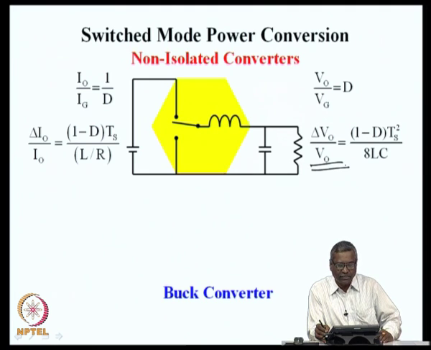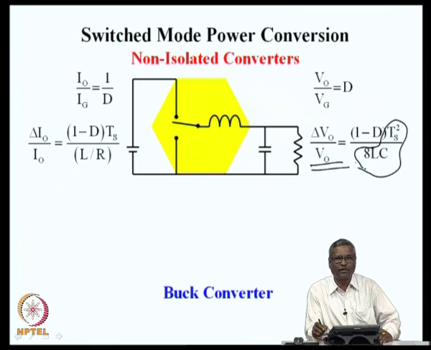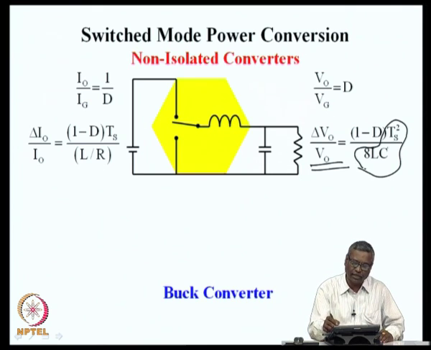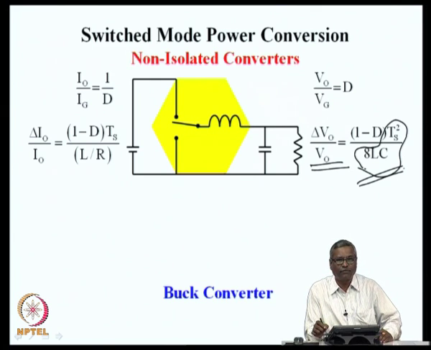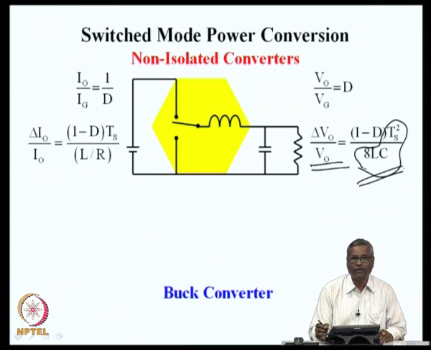We would like this delta V0 by V0 to be as small as possible, and that is possible if we make the switching period of the converter Ts very much less than the natural time constant of the converter, which is root of LC. If Ts squared divided by LC is a small fraction, then the voltage ripple also will be a small quantity.